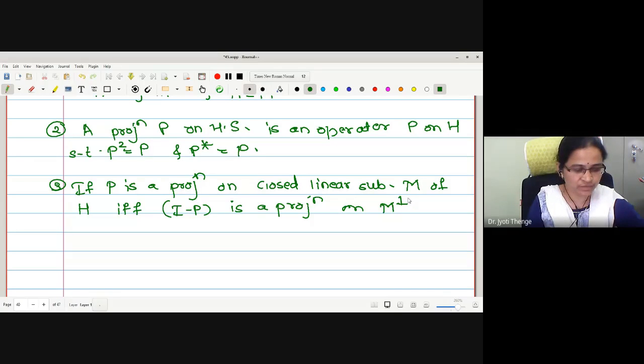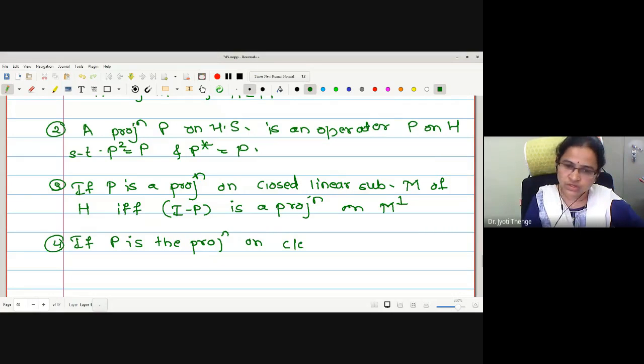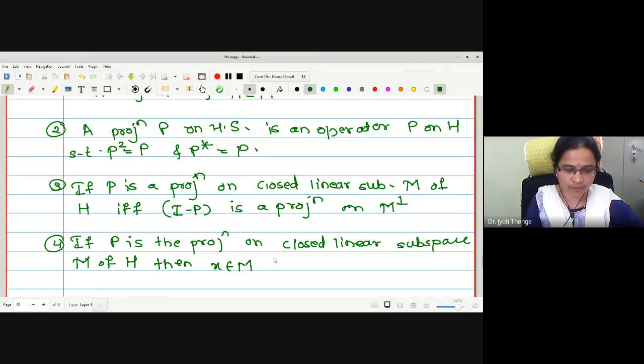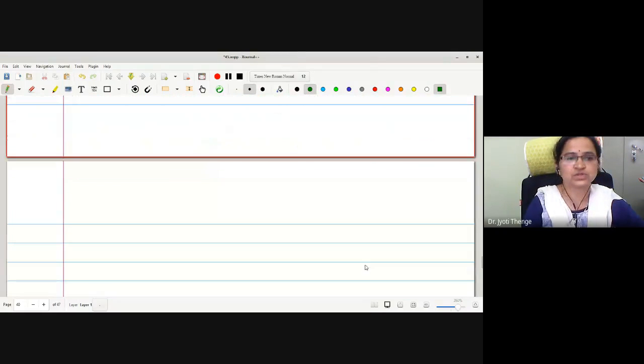See what an interesting property it is. Next, property number 4: if P is the projection on a closed linear subspace M of H, then x belongs to M if and only if Px is equal to x.